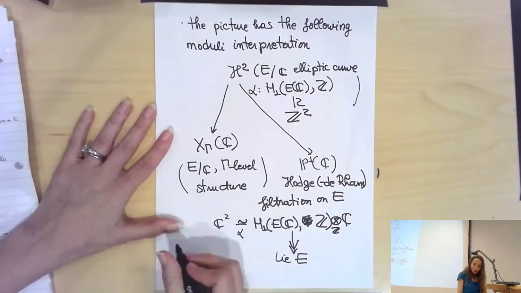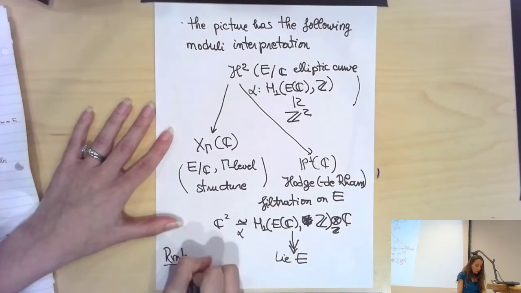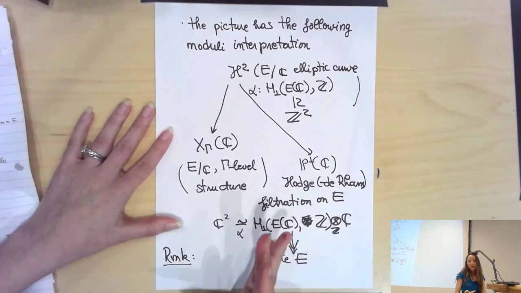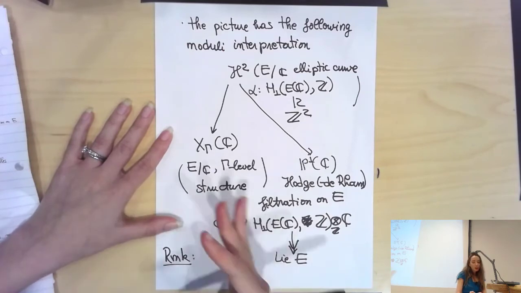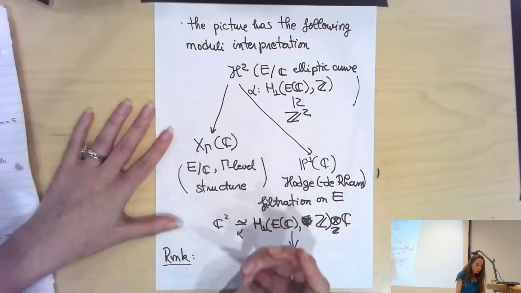I want to make a remark before moving on, which is that somehow even the complex picture itself is quite important in the theory of, say, Shimura varieties or the study of automorphic forms.